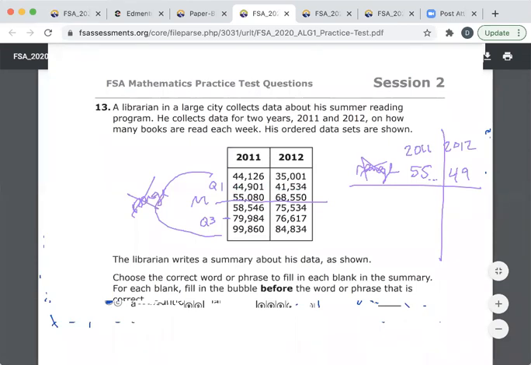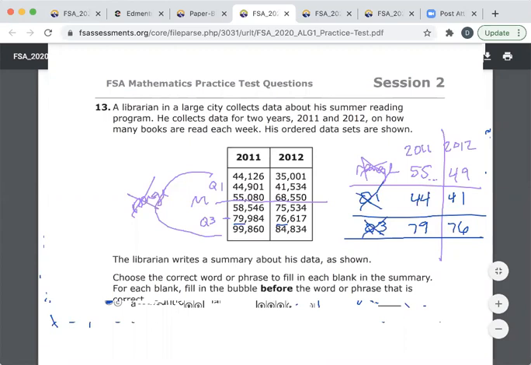I'm just looking at the thousands. Those are not the same. So for quarter one, that's not going to be your answer. Same thing for the upper quartile or quartile 3. One of them starts with 79, one of them starts with 76. So that is not going to be the answer.